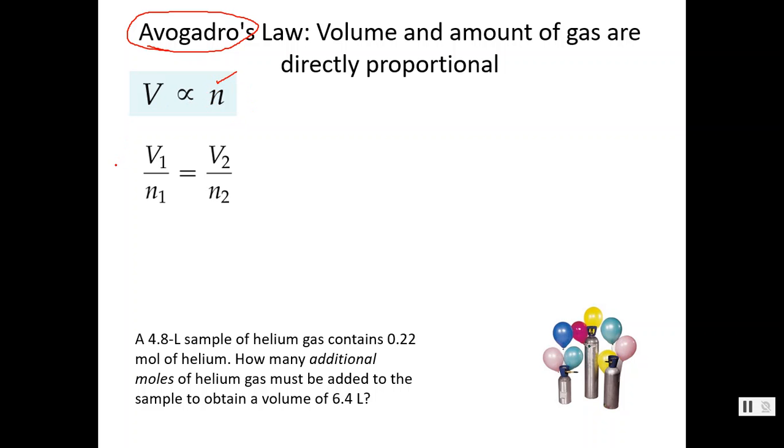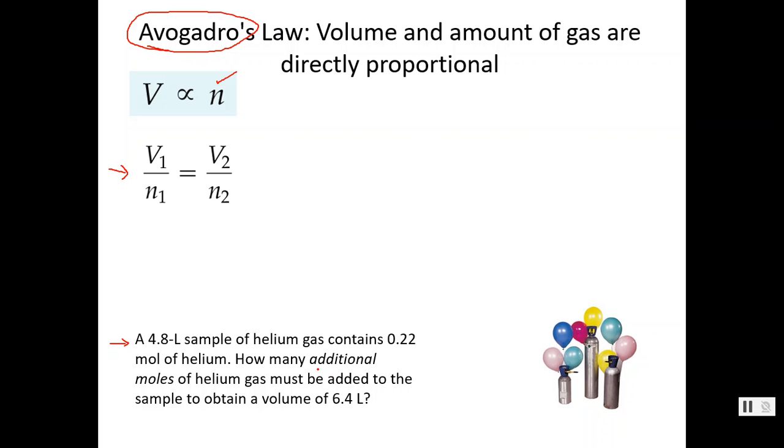The gas law, Avogadro's law, that you'll use for this problem will be V1 over N1 is equal to V2 over N2. Initial volume, initial moles, final volume, and final moles. So this would be a representative problem that you would encounter. Let's say we had a particular sample, so we have an initial volume, and it contains that many moles of gas.